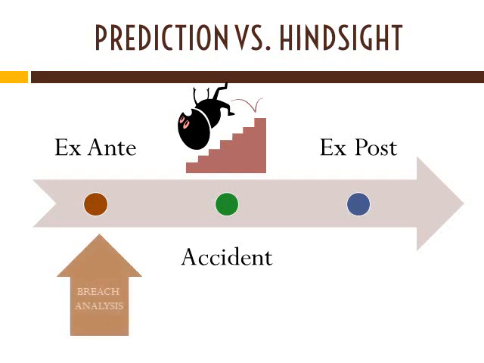When we're analyzing breach, we're looking at the situation from the defendant's perspective before the accident. So we ask, when we're doing a Hand analysis, what a reasonable person in the defendant's position before the accident would have done. Would a reasonable person have jumped in to save the plaintiff? Or would a reasonable person have thrown a log to save the plaintiff?